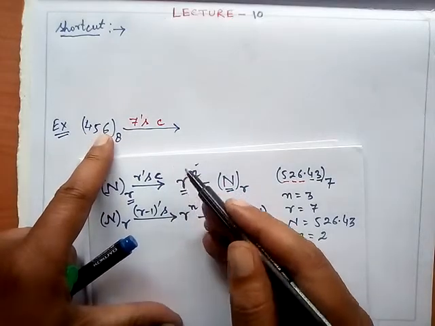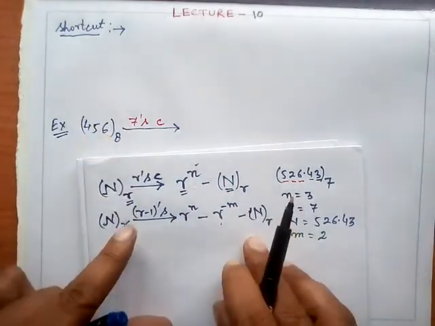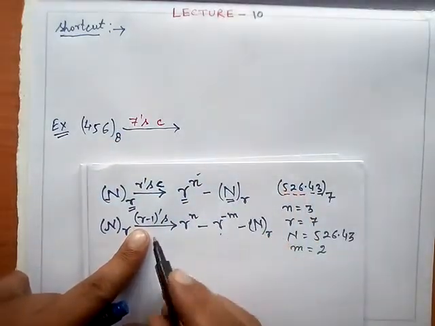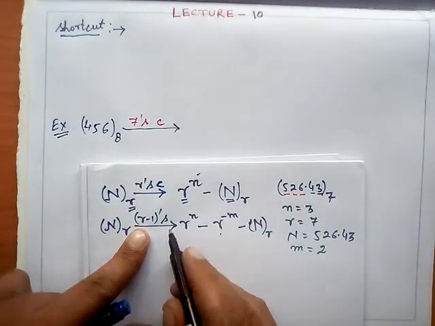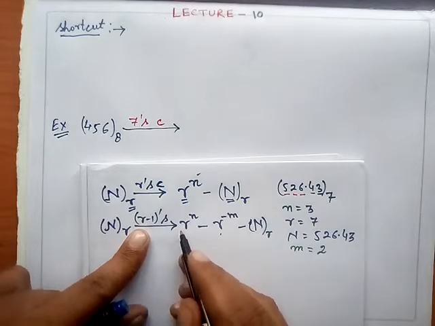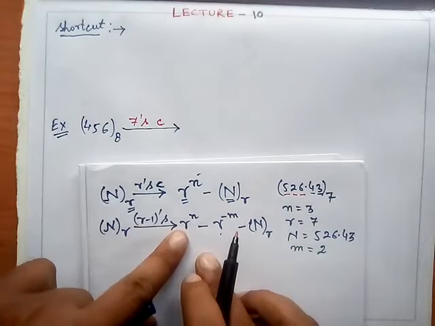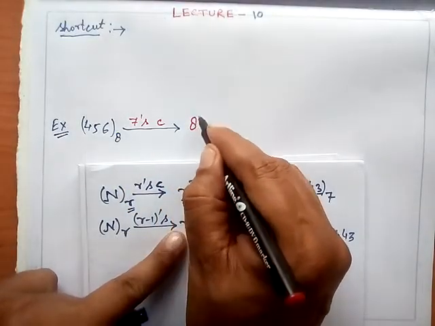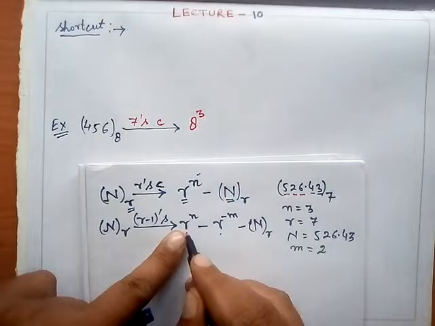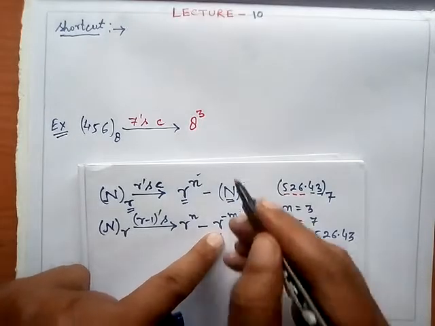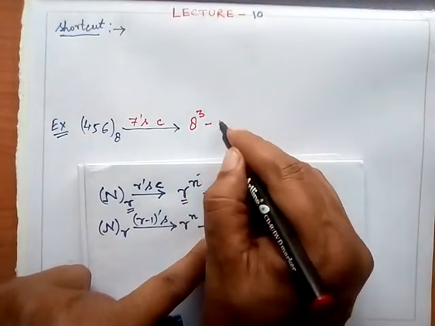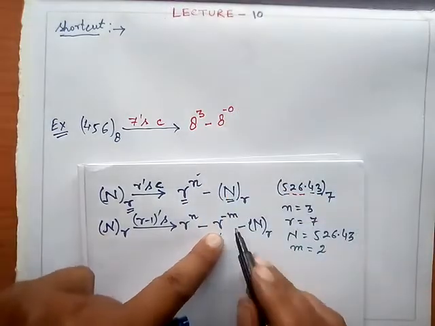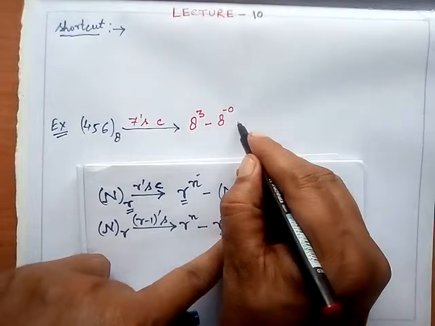The number of digits in the fractional part is 0. 7's complement means r minus 1's complement, and if I apply this here, r to the power n, r is 8, so 8 to the power 3, minus 8 to the power minus 0, that is 1 upon 8 to the power 0, minus the number N.